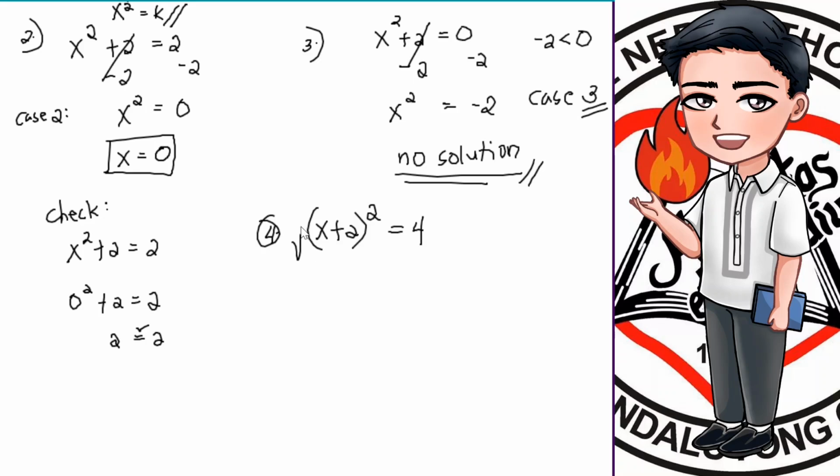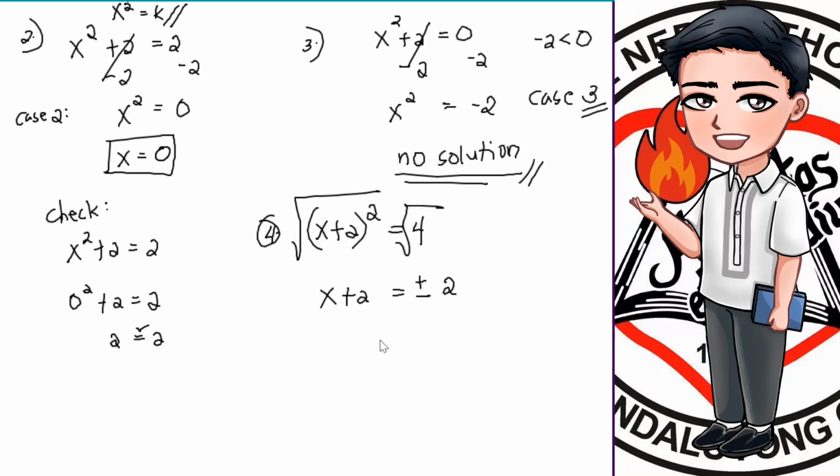So, by getting the square root, we have x + 2. So, the square root of (x + 2)² is x + 2 equals the positive or negative of the square root of 4, which is 2.